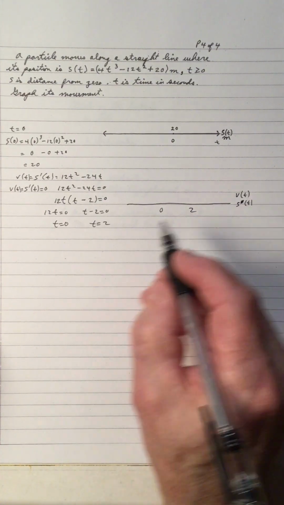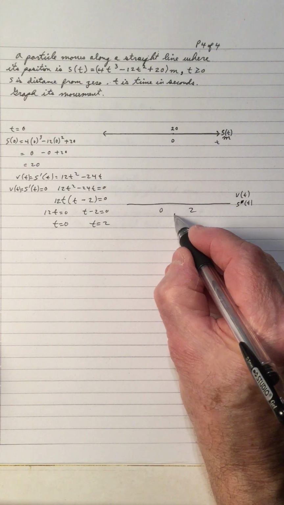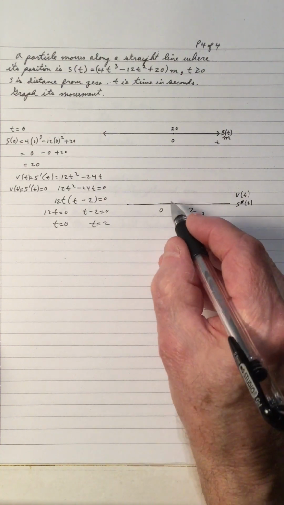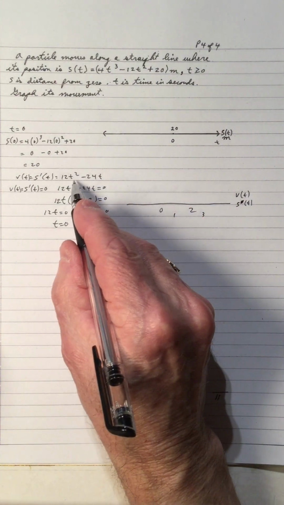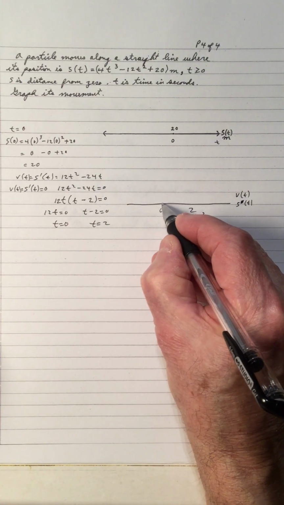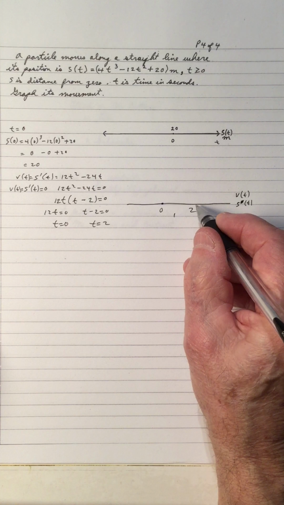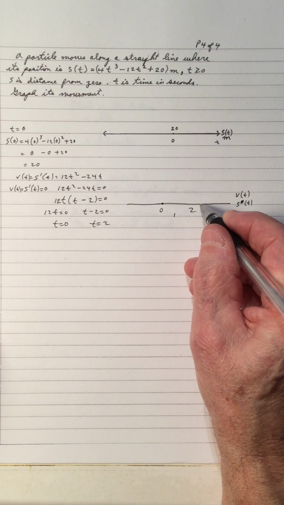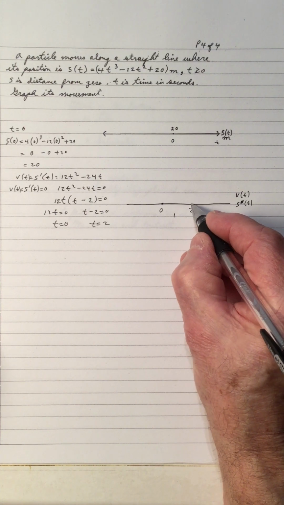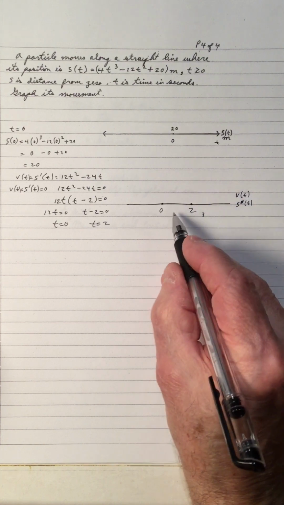What happens if you take 1 second and 3 seconds? At 0 seconds the velocity is 0, so it's not moving at 0, and it's not moving at 2. Okay, so it's 0.